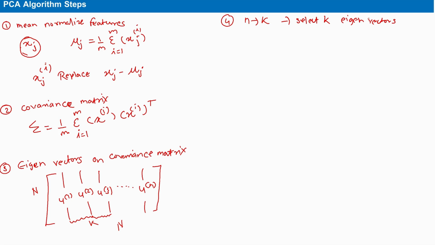After selecting the k eigenvectors, the dimension of this matrix will become n by k. Then after that, we need to take the transpose of the above matrix.